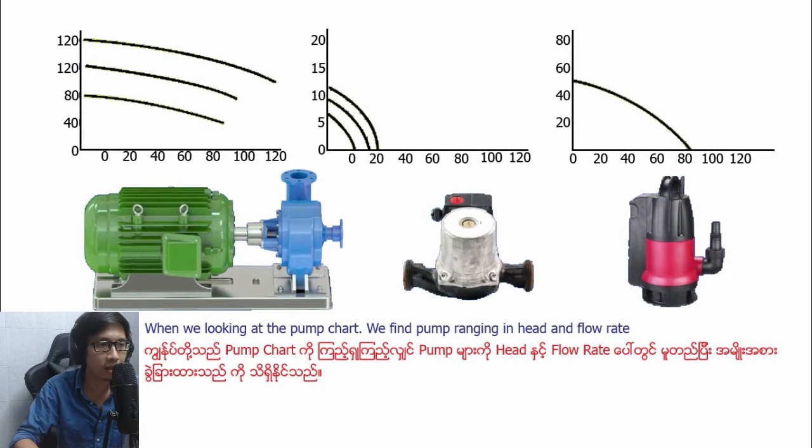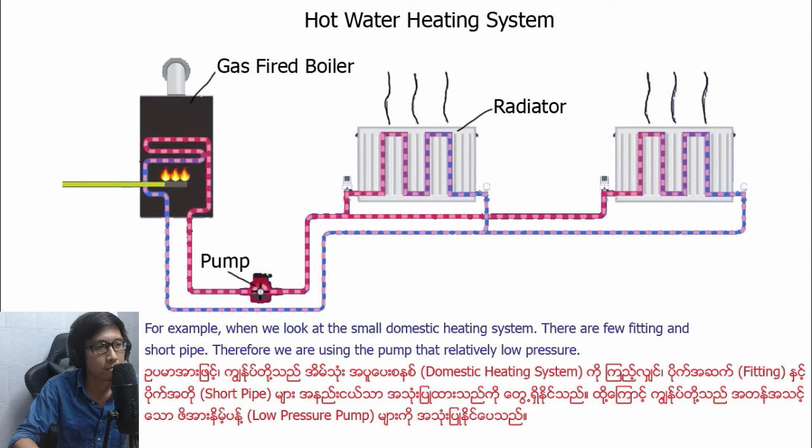When we look at the pump chart, we find pumps ranging in head and flow rate. For example, when we look at a small domestic heating system, there are few fittings and short pipes.